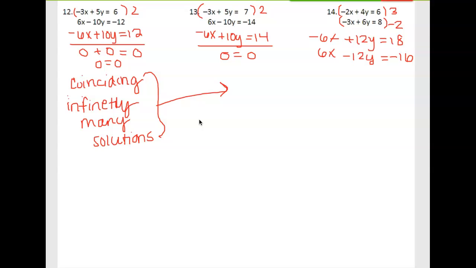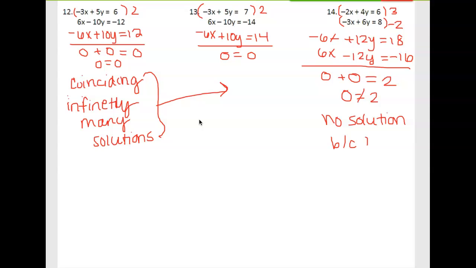And we get negative and positive, so they cancel. Negative and positive, so they cancel. Equals 2. And again, we know 0 does not equal 2. So that means no solution because they are parallel lines.